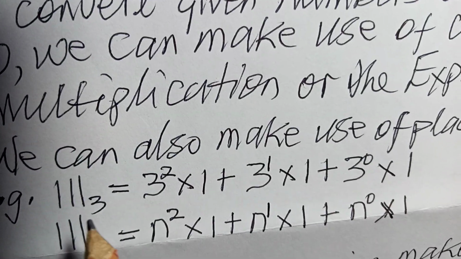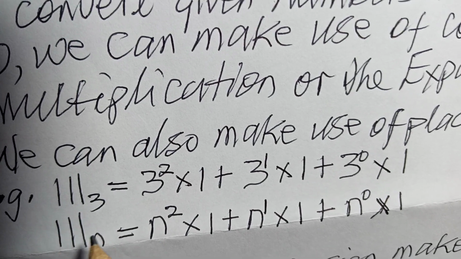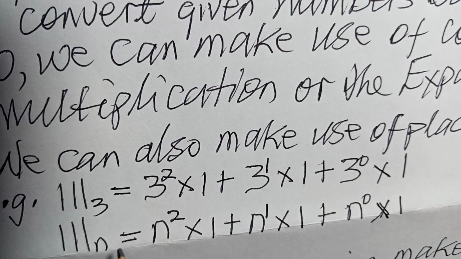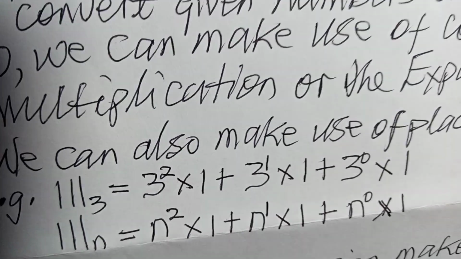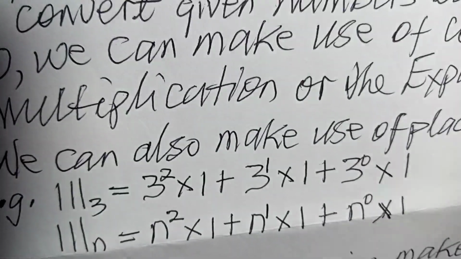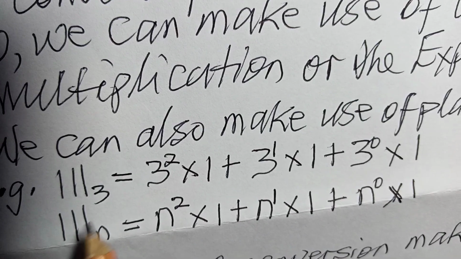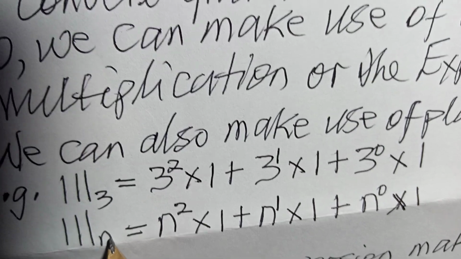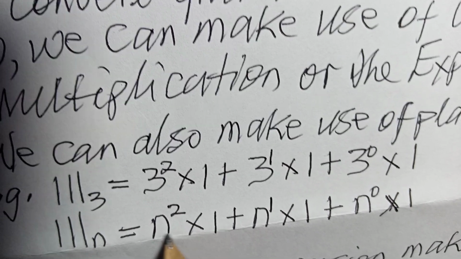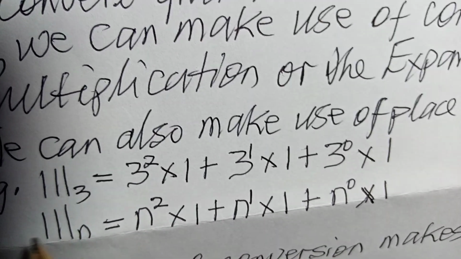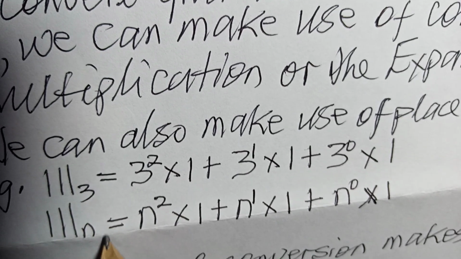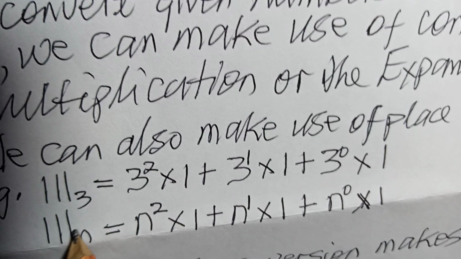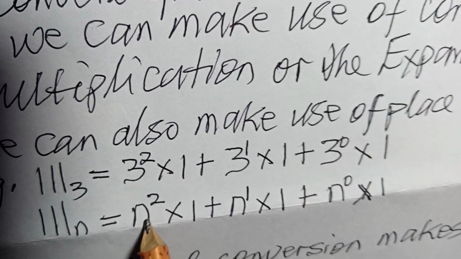And this is a general formula, such as 111 in base n, any base at all. We take that base, any base at all, as n. In trying to expand this number to base n or base 5 or base 7 or base anything, it is n.